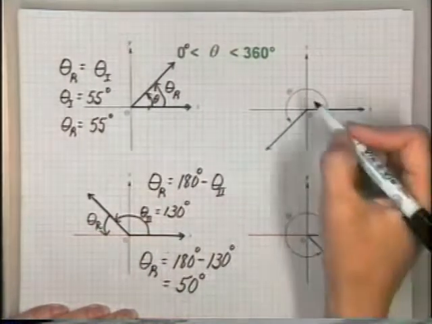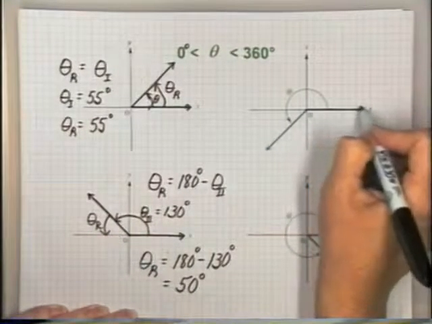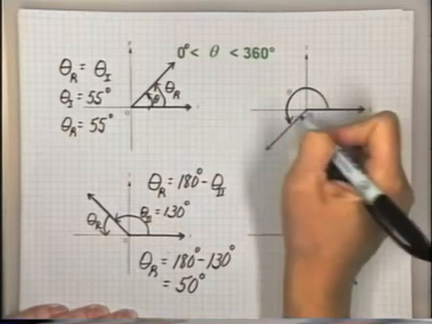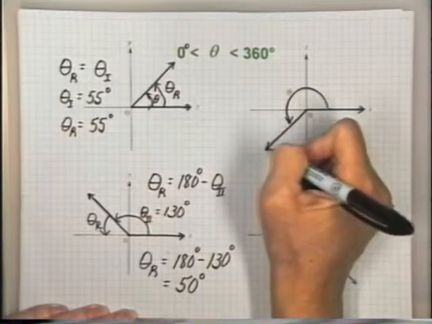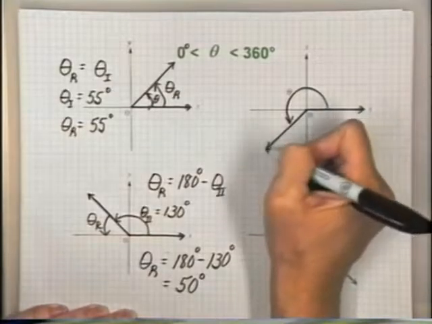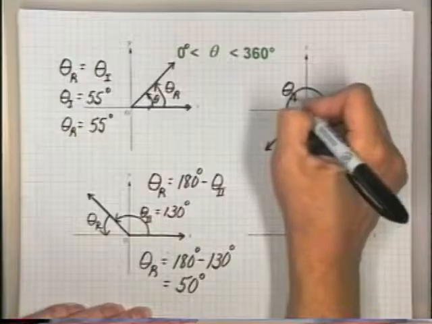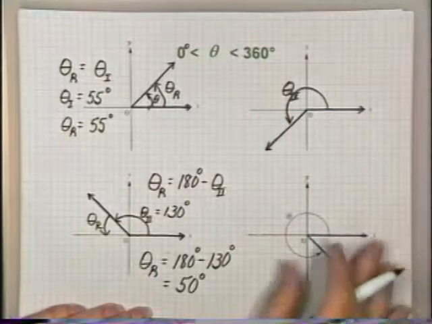Let's look at my example of a third quadrant positive angle, and there's its initial side, terminal side in the third quadrant. I'm going to label this theta and then Roman numeral 3.